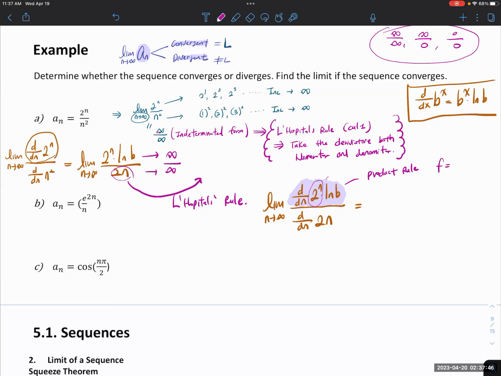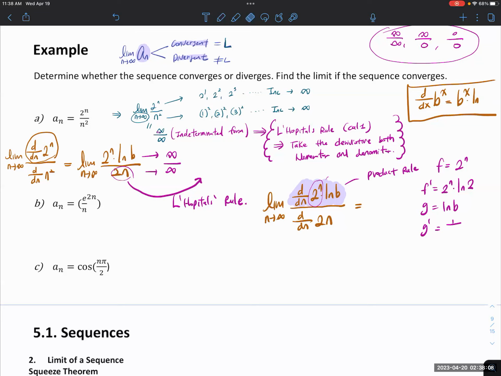So f equal to 2 to the n. F prime will be 2 to the n ln 2. Let's say g equal to ln 2. G prime will be 1 over, what is it? We have ln. So I think I need to change this number. Sorry about that.